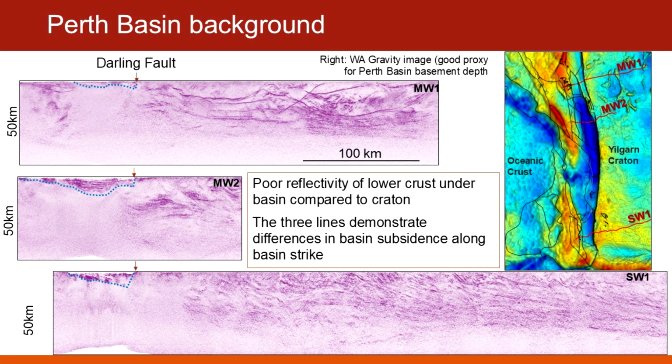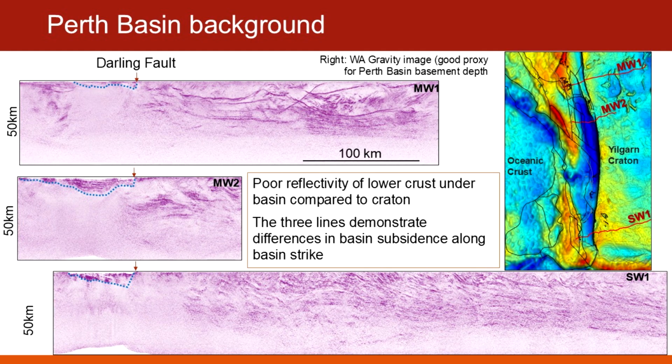Here are the three lines all centred along the Darling Fault. This dotted blue line is the base of the Perth Basin, and immediately we can see how different the rates of subsidence were across the three lines.